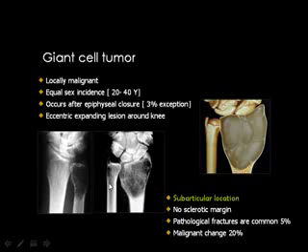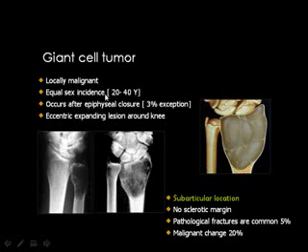The last one in this group is the giant cell tumor, and the giant cell tumor characteristically occurs after epiphyseal closure, and this lesion is an expanding lesion, and it characteristically reaches the articular surface. These are the criteria of the giant cell tumor, or what we call the osteoclastoma.